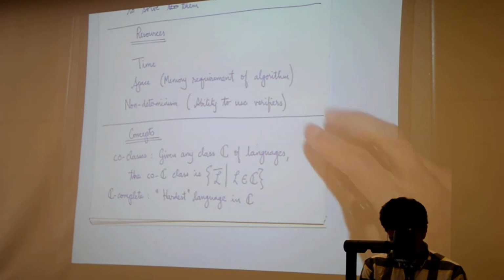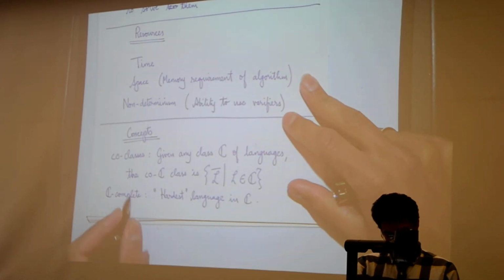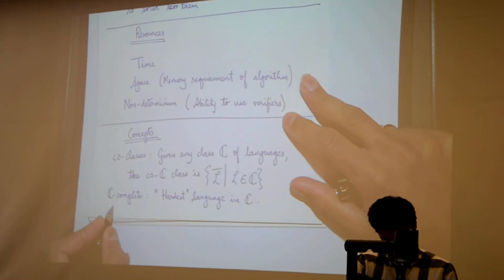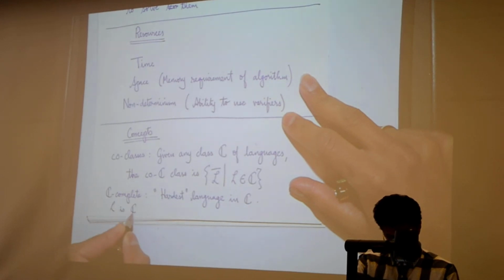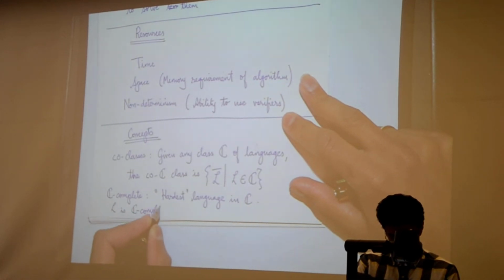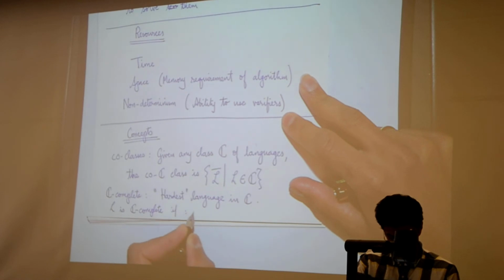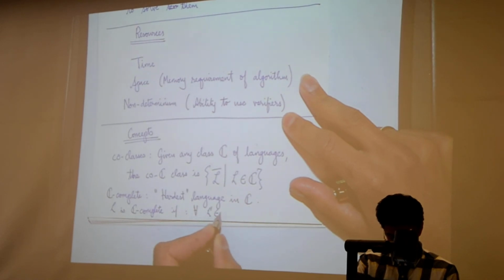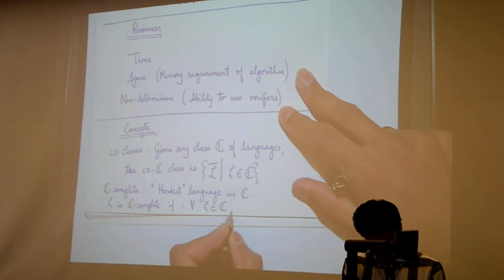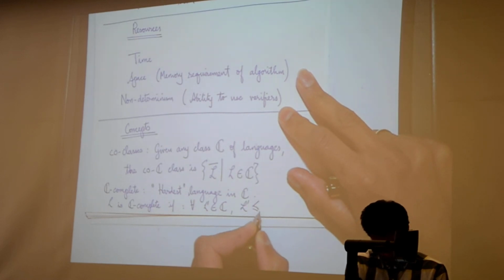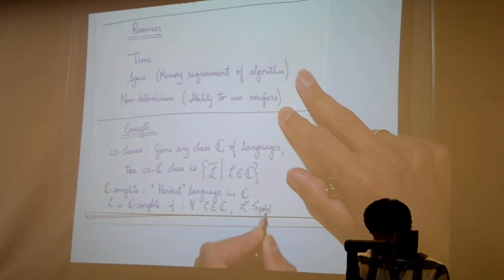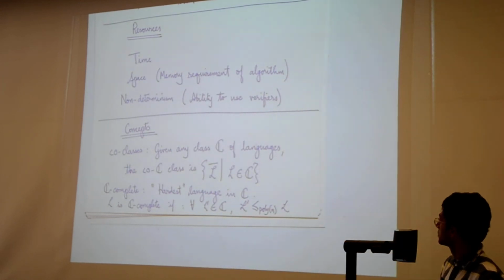But the hardest language in C, and this usually means that, so I'll say L is C-complete if for all L prime in C, L prime efficiently reduces to L. Right?